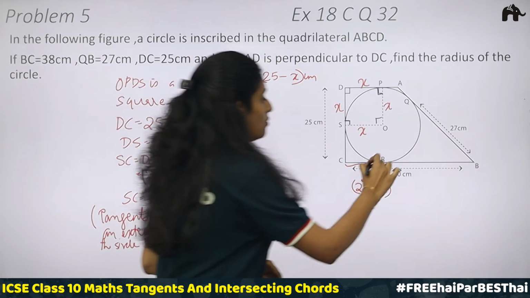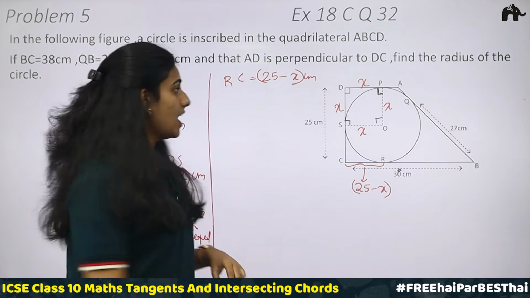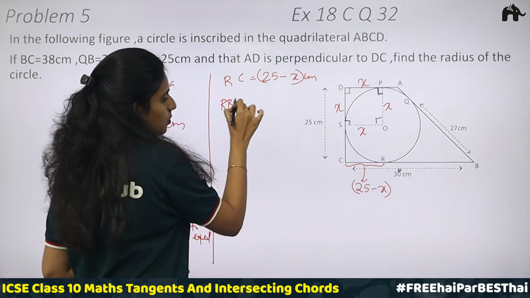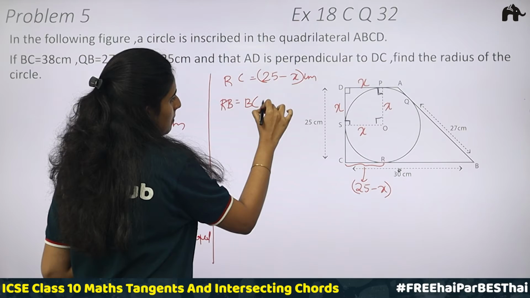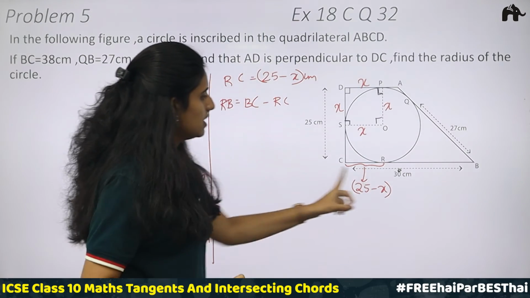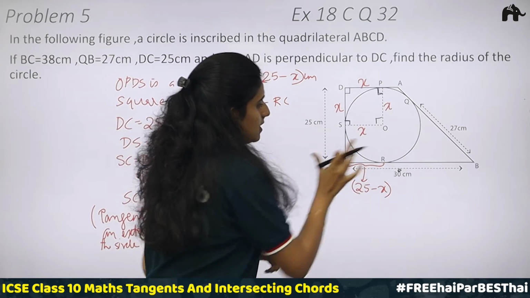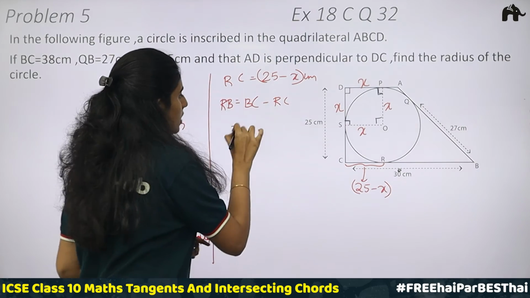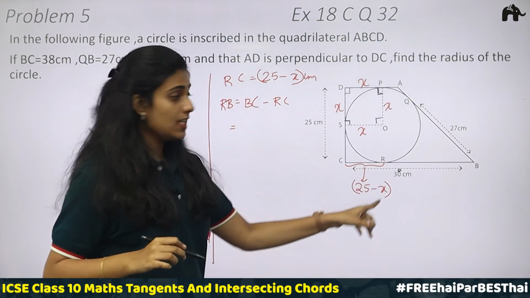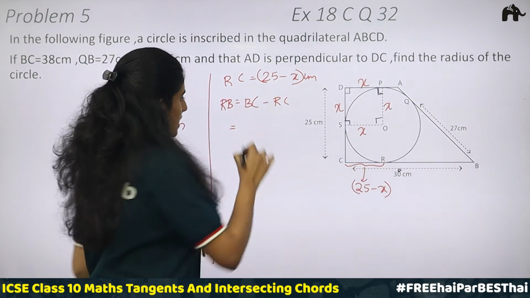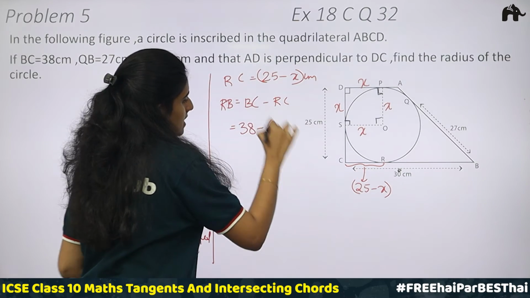Now how to find RB from this? RB will be equal to BC minus RC. BC is this whole part and RC is the small portion. Put the values. What is BC? BC is given, which is 38 centimeters. 38 minus RC.